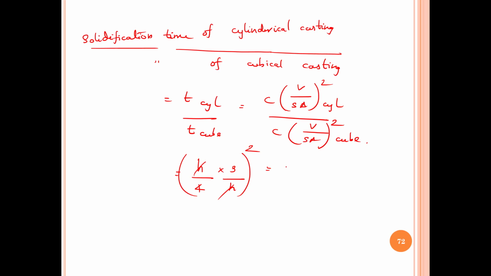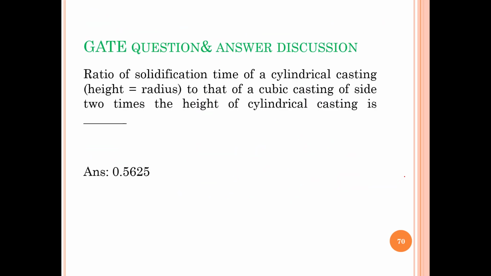That is 9 by 16, which is equal to 0.5625. This is the answer for this question. The ratio of solidification time of the cylinder to the cube is 0.5625.